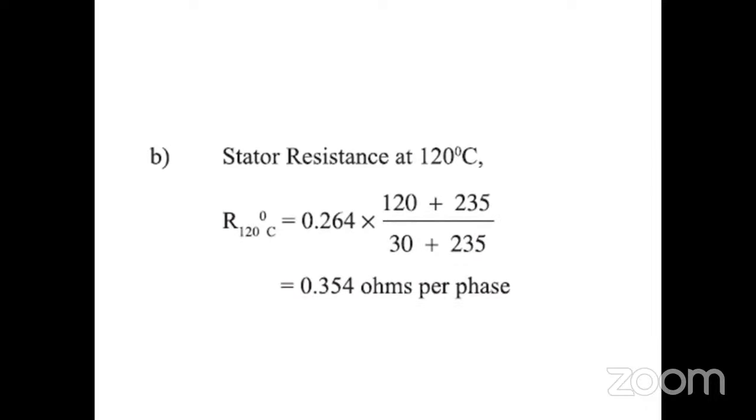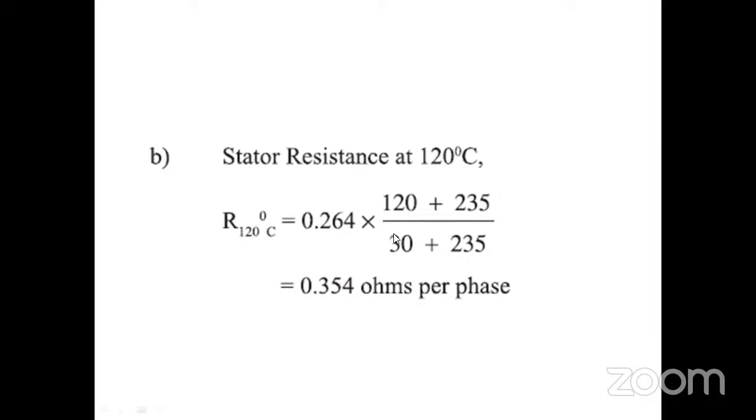Now, the stator loss. Previously, we found the stator loss for no load, and it was for the room temperature. Now the resistance will be increased at 120 degrees centigrade, so we have to correct the factor.